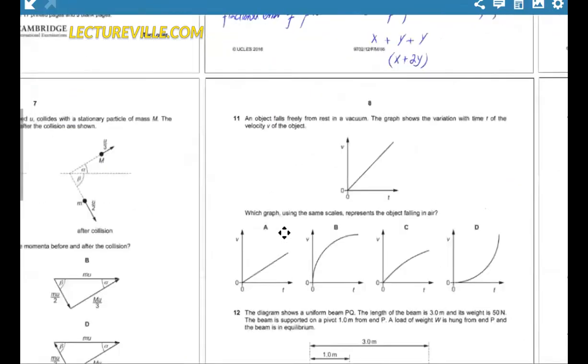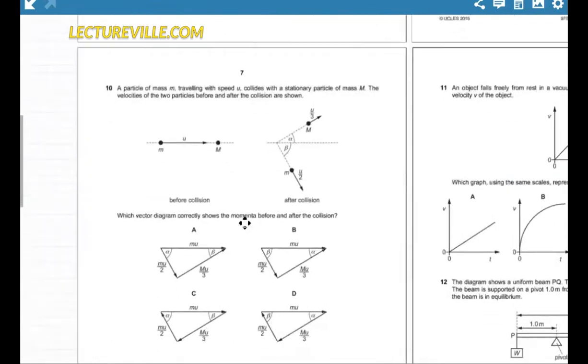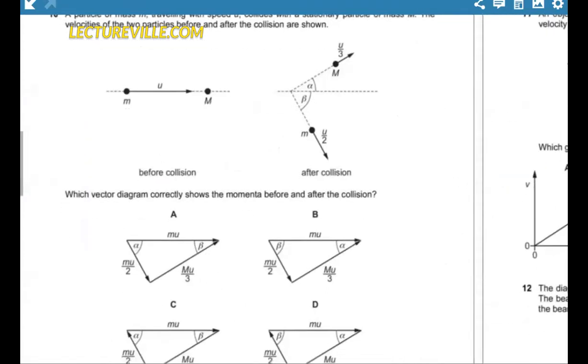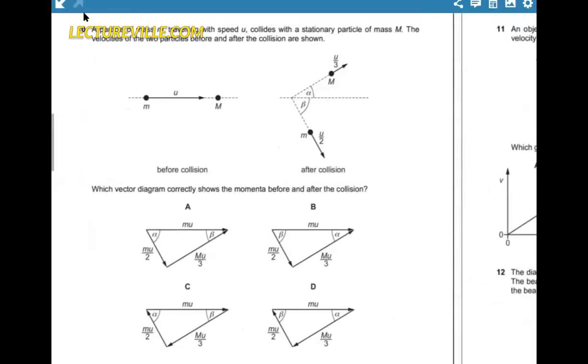Moving to question number 10, which is from two-dimensional momenta. A particle of mass m traveling with speed u collides with a stationary particle of mass capital M. The velocities of the two particles before and after collision are shown.